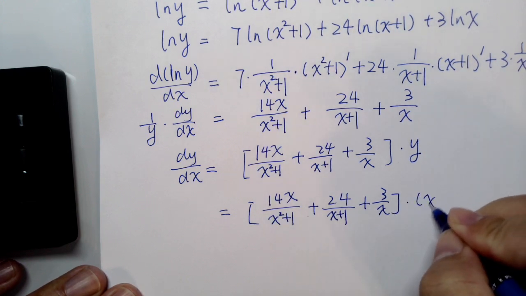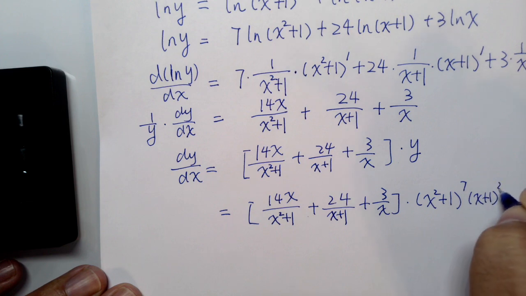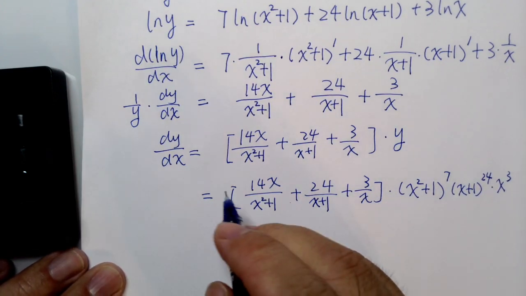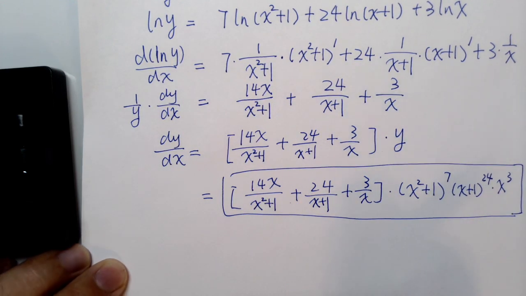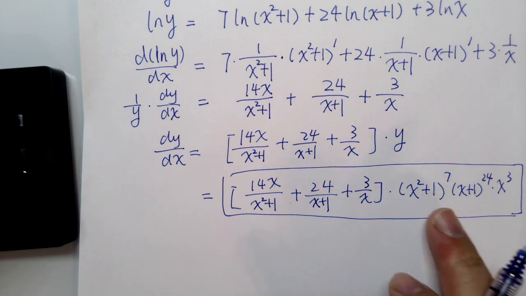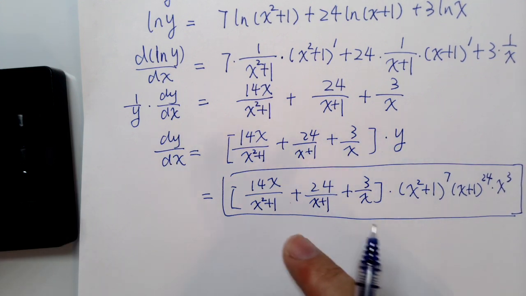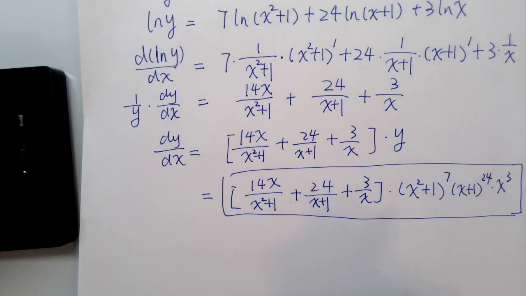Times the rest, and then that is the answer. Okay, that is the answer. So you see, doing it this way, guys, even if you didn't simplify the derivative, of course you can distribute and start to simplify.